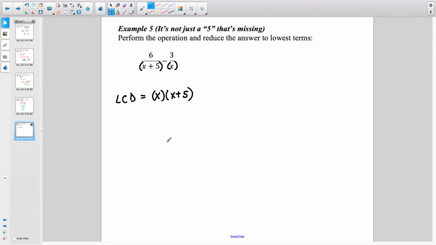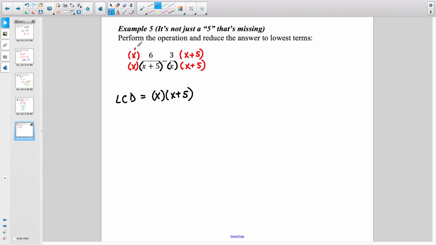And if you think about it that way, and you look at what each fraction needs so that the denominators match, you would recognize now that this fraction is missing the x. And this fraction is missing the x plus 5. I hope you can see that that's a huge difference. So now we have some multiplying to do, and then we can get to the subtraction.